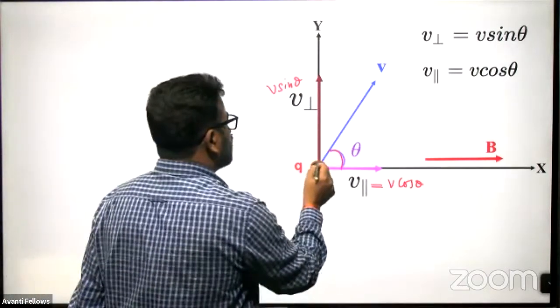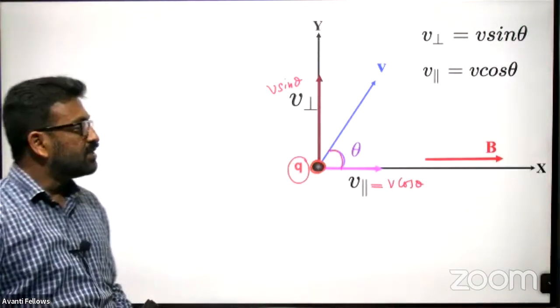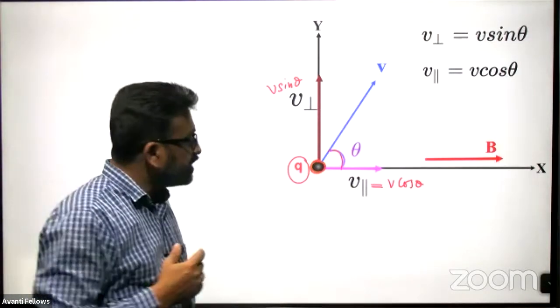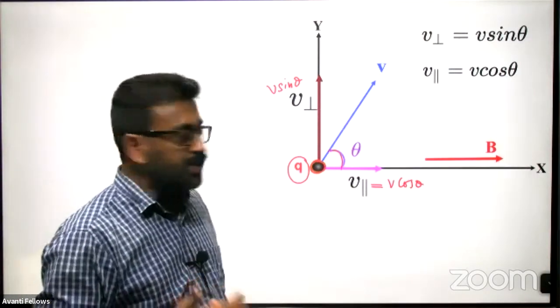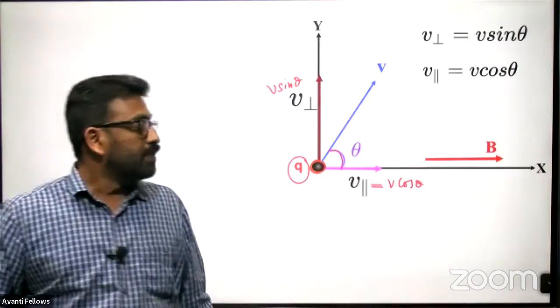The quantity of charge here is q, and it is having a velocity. The velocity vector is inclined at an angle theta with the horizontal, and in the horizontal direction we have the magnetic field.